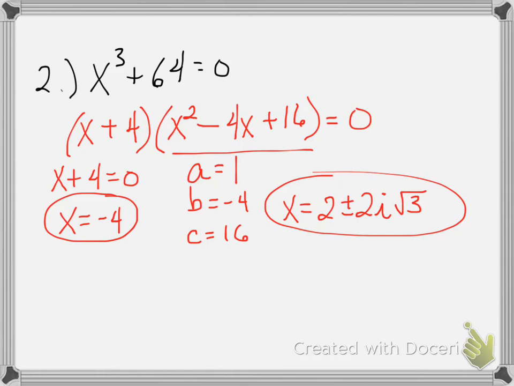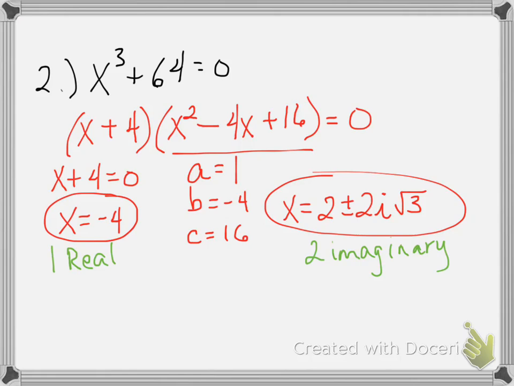So again, just like in number 1, here's my 1 real answer and my 2 imaginary answers. Okay? Alright, so if you need more time there, you can pause it.